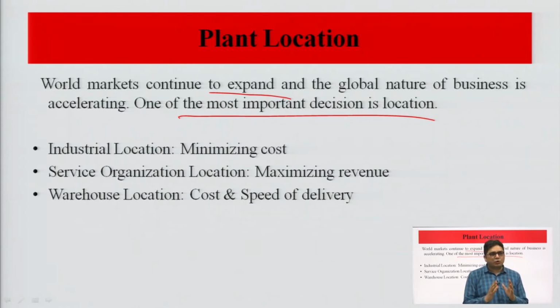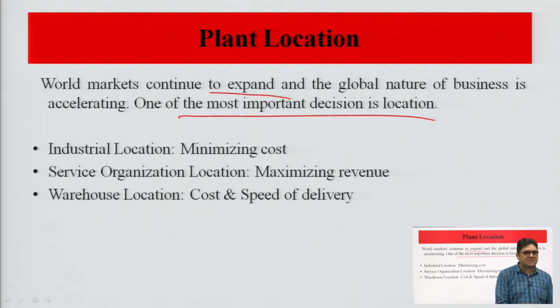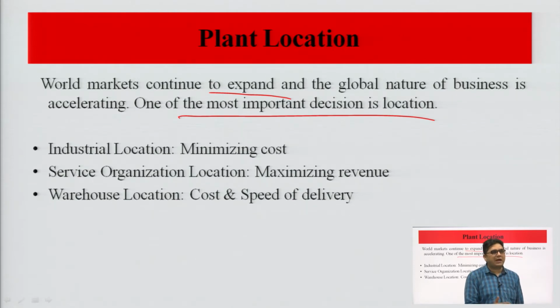These are the two markets where the potential is going to be high and the business will be maximum. So, they are establishing their plants and services over here so that they can capture the maximum market share.